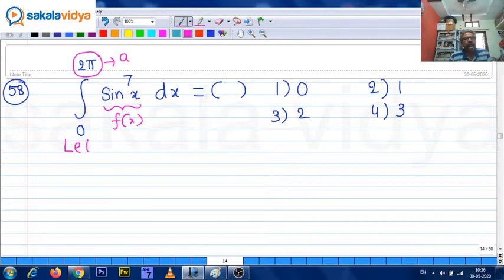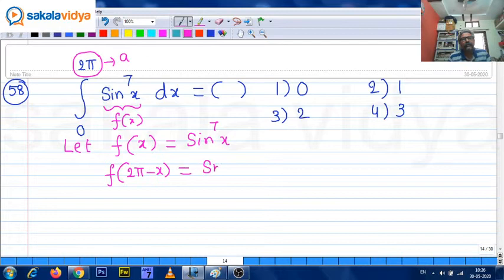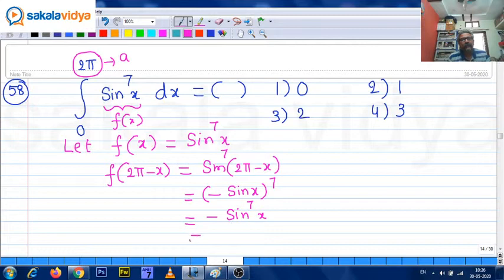So let f of x equals to sin x to the power of 7, f of a minus x, 2 pi minus x, sin 2 pi minus x raised to 7, sin 360 minus theta is minus sin theta. Minus sin x raised to 7. This equals to minus sin x to the power of 7. This is minus f of x.